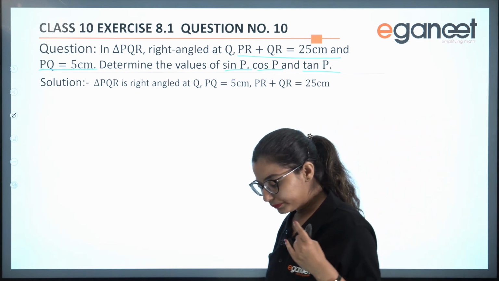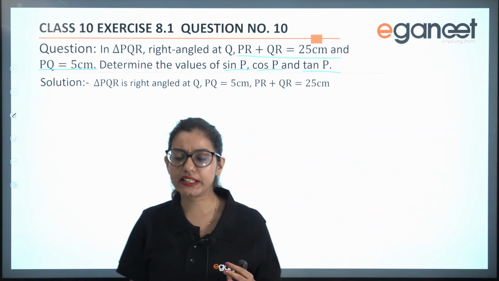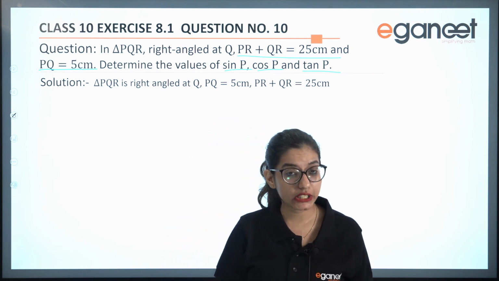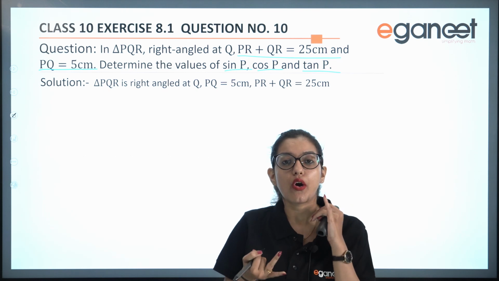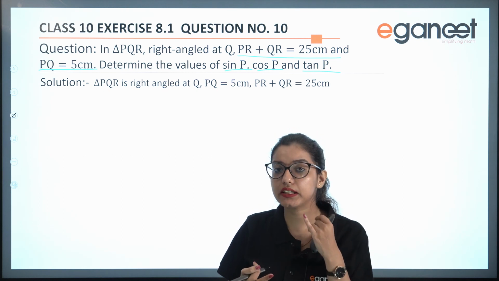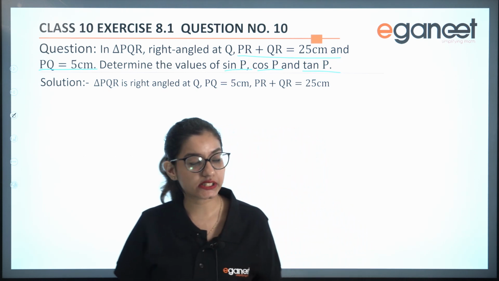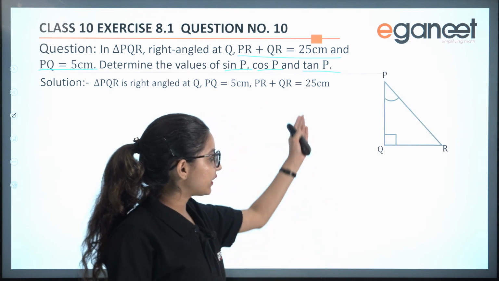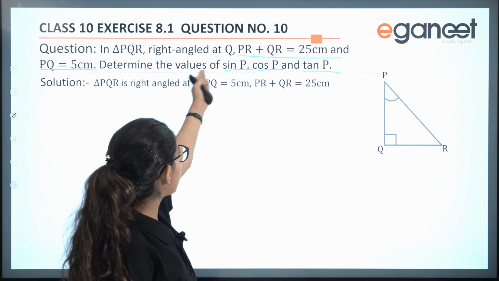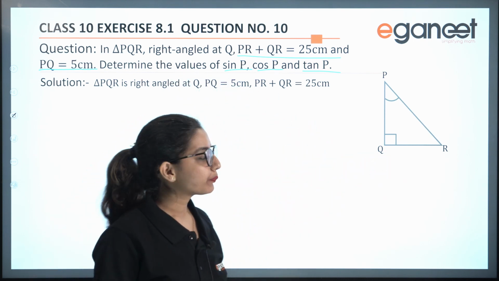Okay, so what do we actually need here? Yes, we need to know the lengths of the sides: the hypotenuse, the adjacent side and the opposite side to angle P, right? So here let us consider this right angle triangle. Here we are given that it is right angled at Q, right?